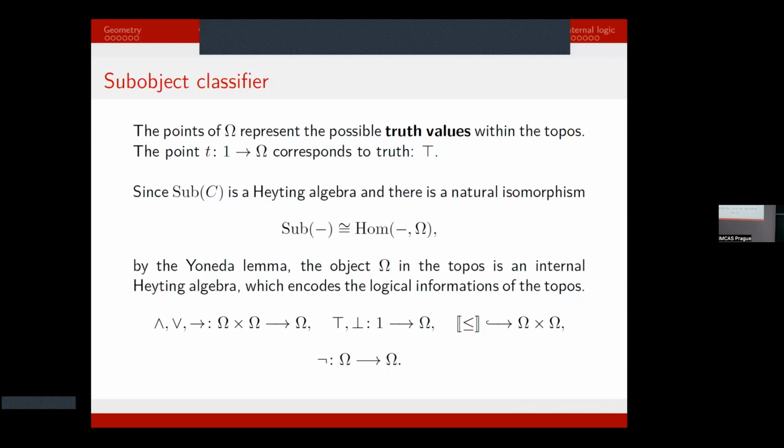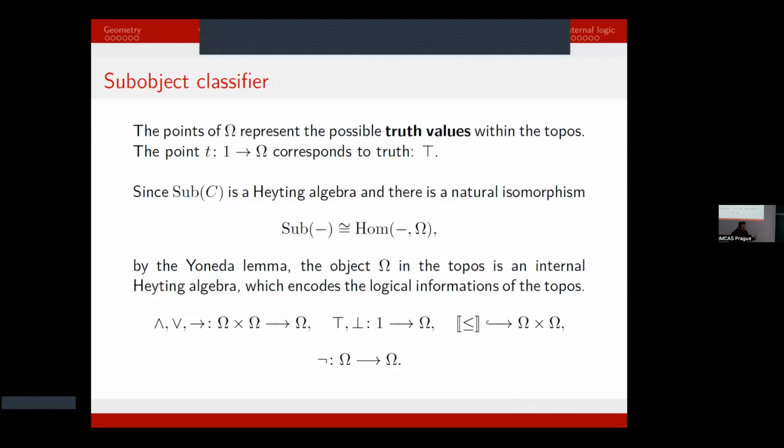And I also described the pullback, which defines natural transformation, a sense of naturality in the sub, let's say. And we know that this is a natural isomorphism. What this means is that this functor is representable with representative object, the omega.